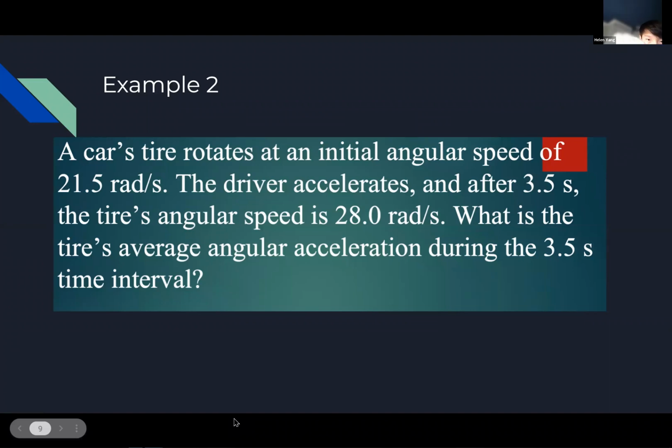Okay, so for this question here, it says a car's tire rotates at an initial angular speed of 21.5 rads per second. The driver accelerates, and after 3.5 seconds, the tire's angular speed is 28 rads per second. What is the average angular acceleration during the 3.5 second time interval? So the equation for angular acceleration is the change in angular speed divided by change in time.